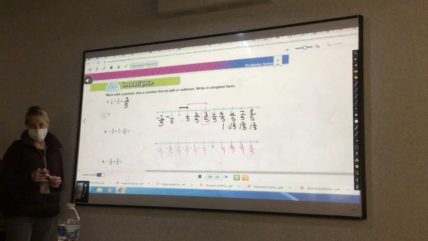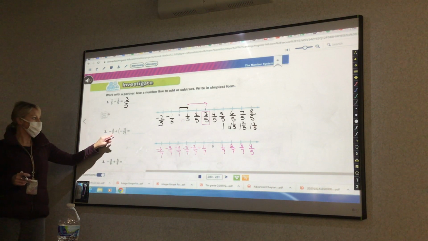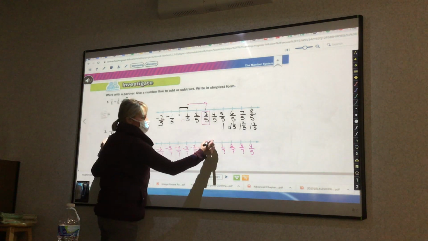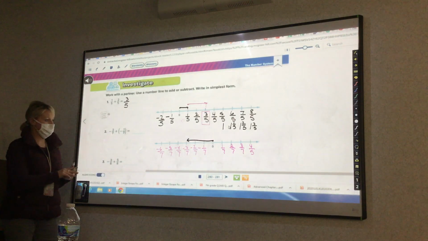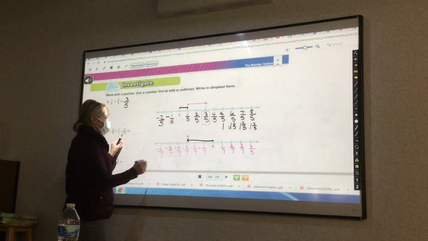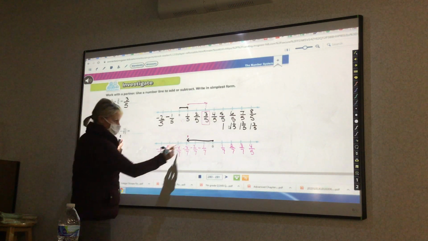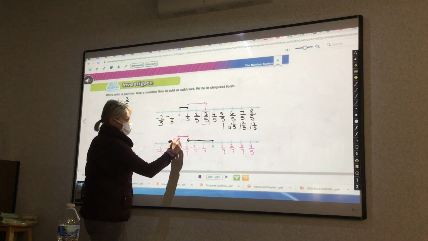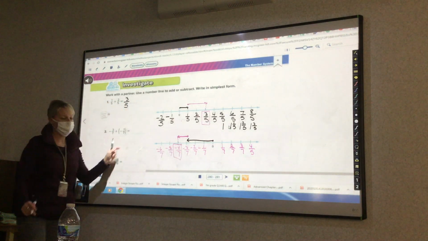Where do I begin? 0, and I'm going to go left or right? Left to the negative 3/7. So I start here, negative 3/7. Then I'm adding a negative 1/7. So which way do I go? Left. Still left again, but only 1. Dot your line, box your answer.